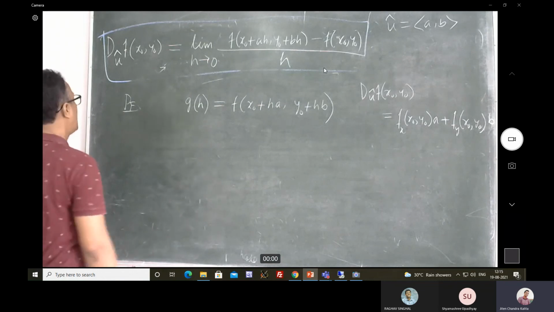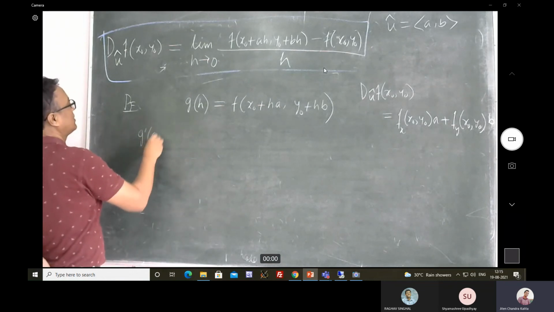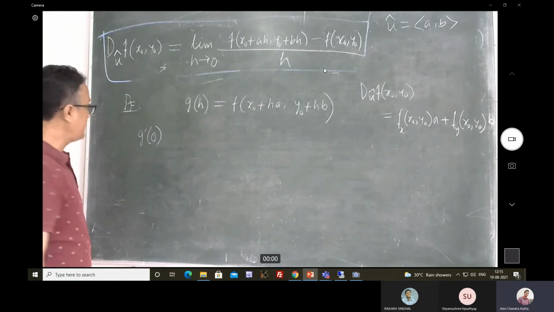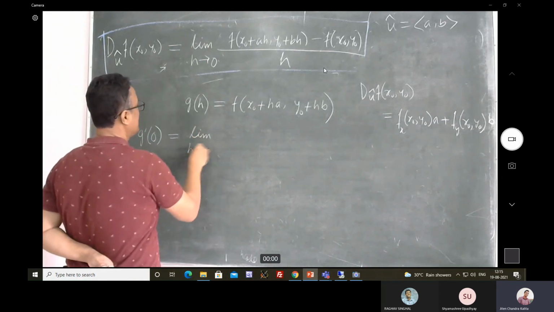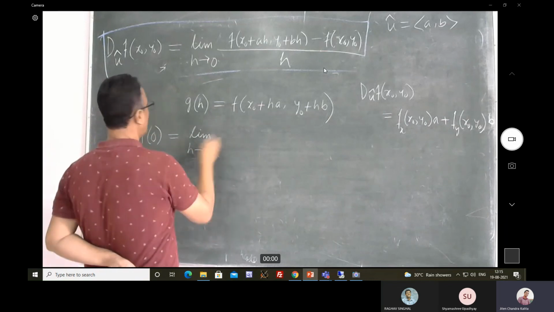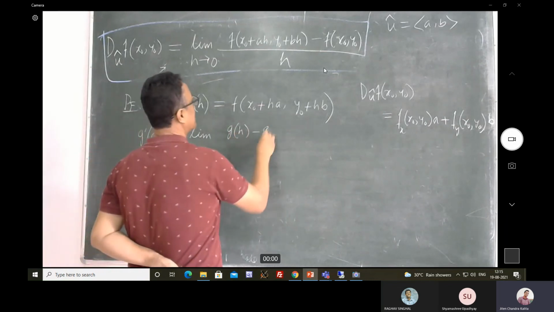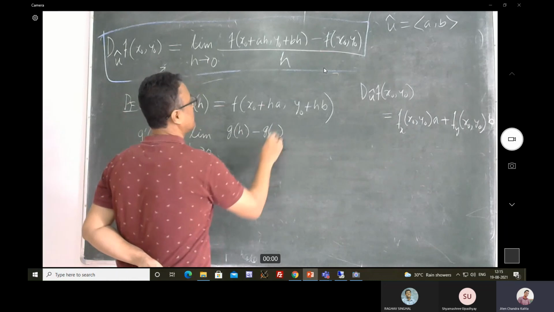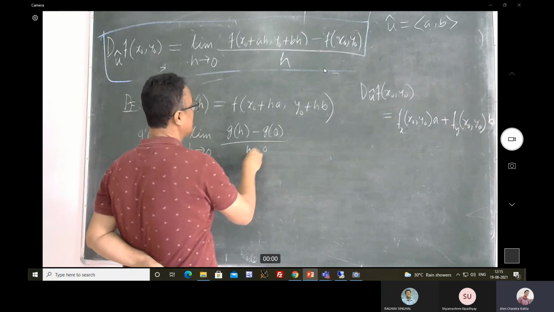So then, if I want to find the derivative of g as a function of h at the point 0, I can simply write it as the limit as h tends to 0 of g of h minus g of 0, divided by h minus 0, simply h, right?